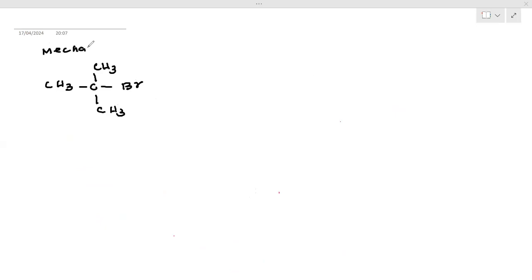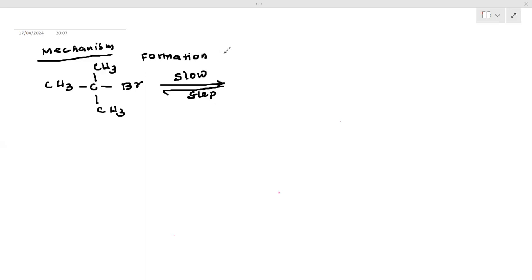In the first step, only the alkyl halide is involved. The first step is the slow step, which is reversible. It is the formation of carbocation.